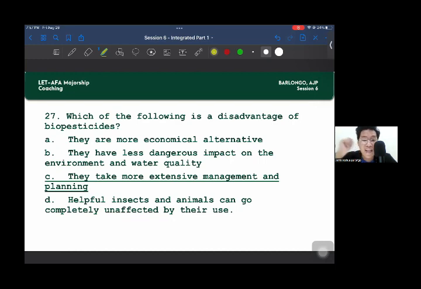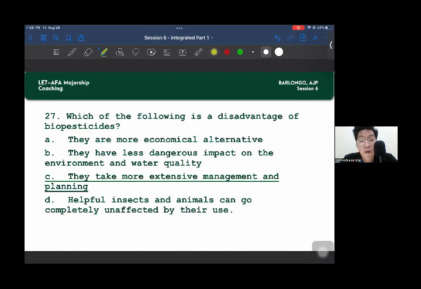So, ayan yung meron sa ating mga chemical pesticides. They have active ingredients na ito, makakapatay ito ng borers. Itong mga to, makakapatay ito ng mga weeds. Yung mga ganun na bagay. So, ayun yung role ng active ingredients.